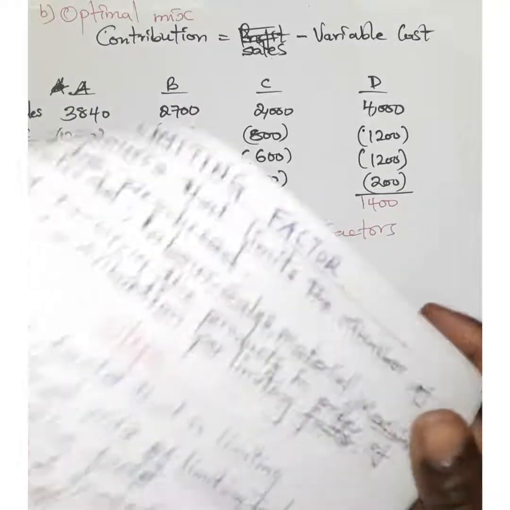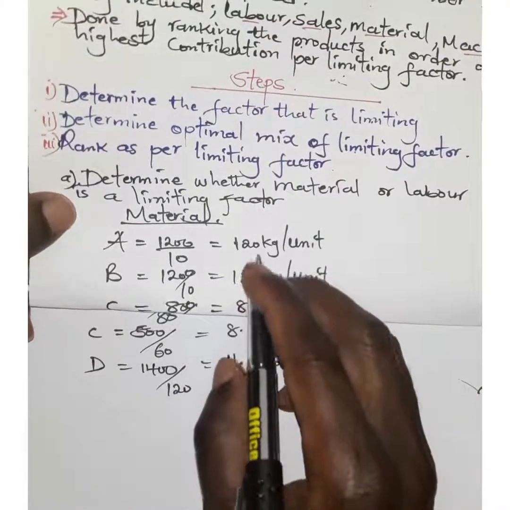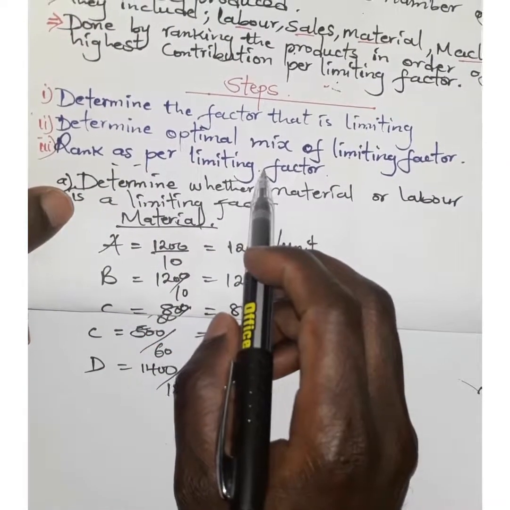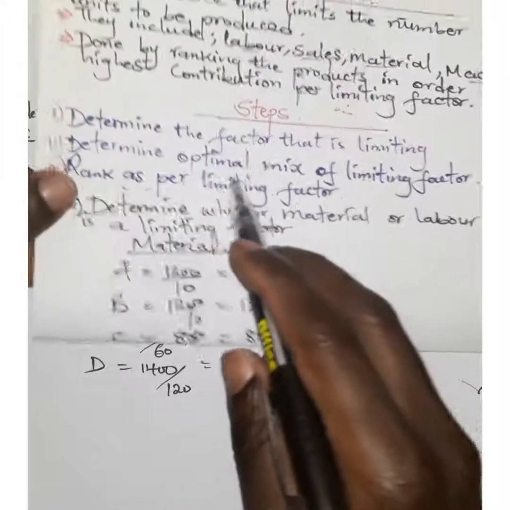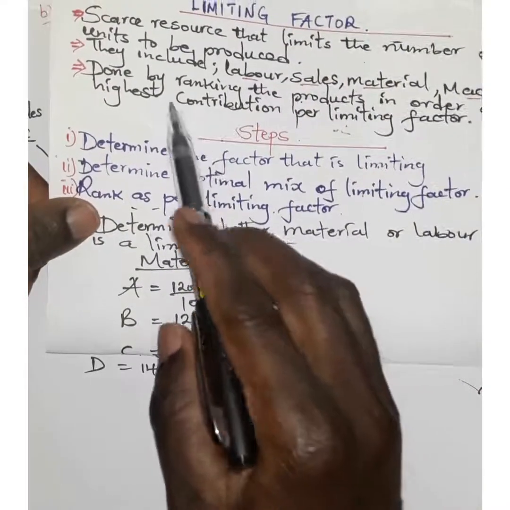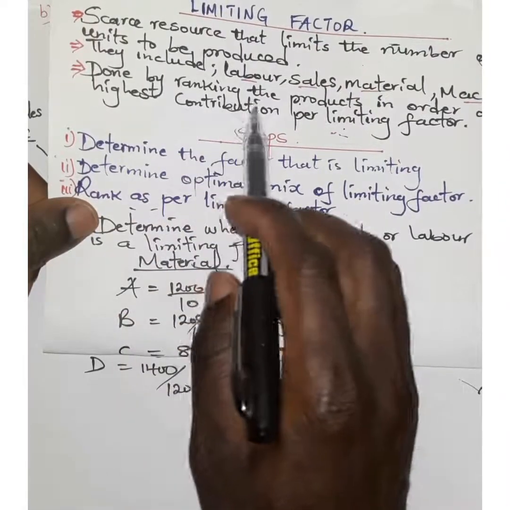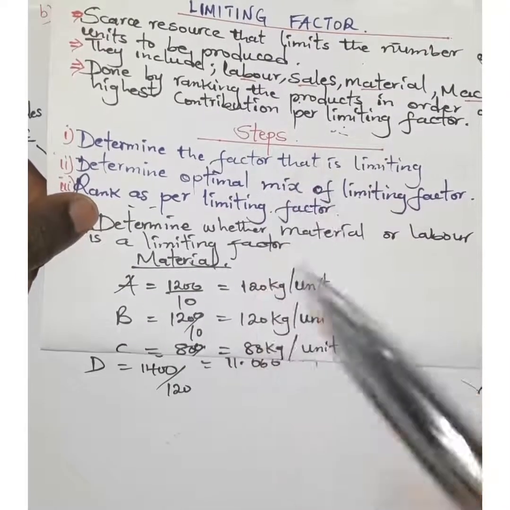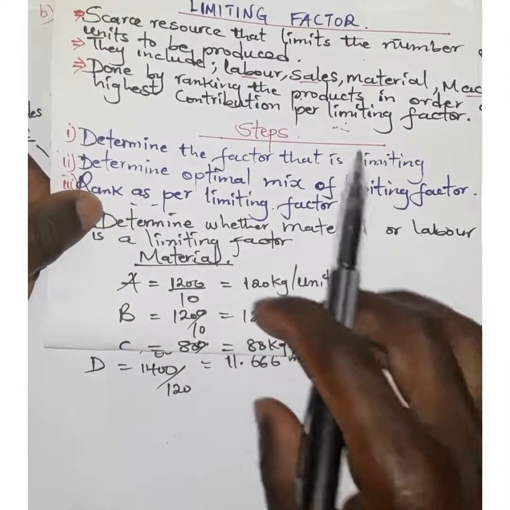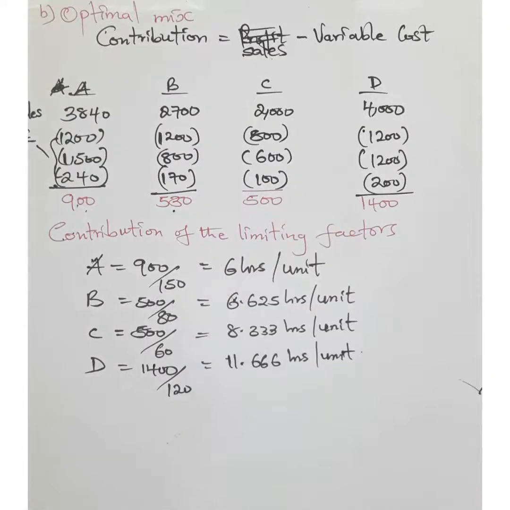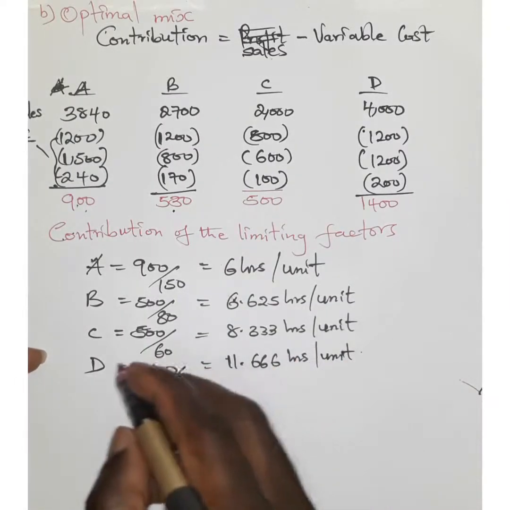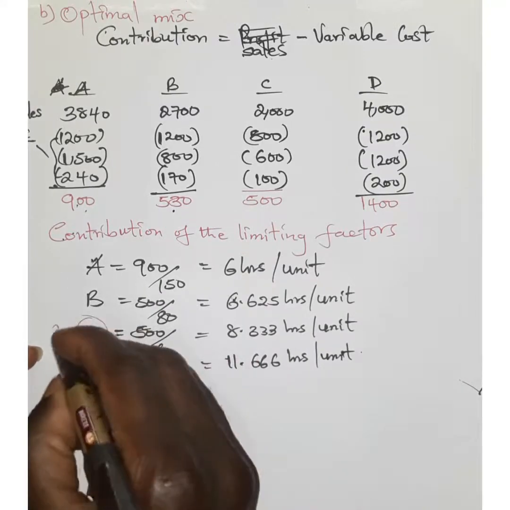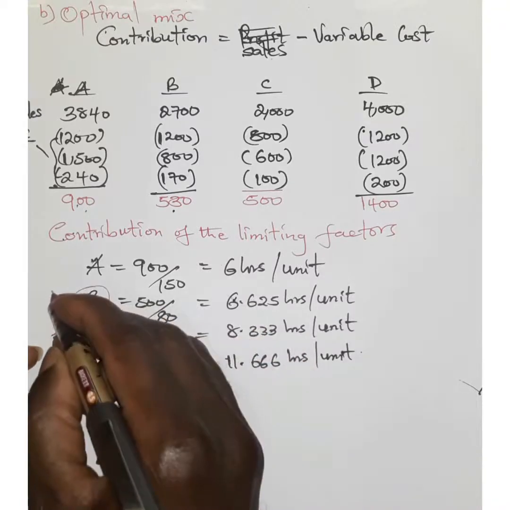And then now, under our steps, we are supposed to rank as per the limiting factor. When we are talking about the ranking, we normally start with the highest. You do the ranking of the products in order of the highest contribution per limiting factor. So the one which has the highest contribution will be ranked first. Like you see here, we have this one as our first rank. Second rank will be this one, C. Third rank will be this one.